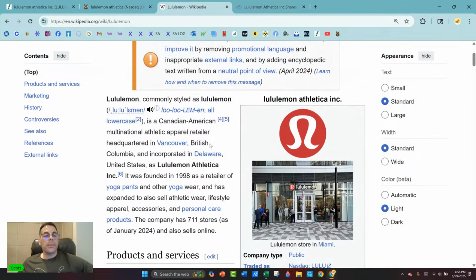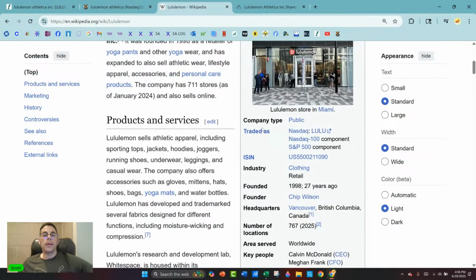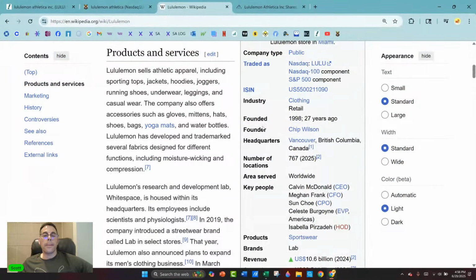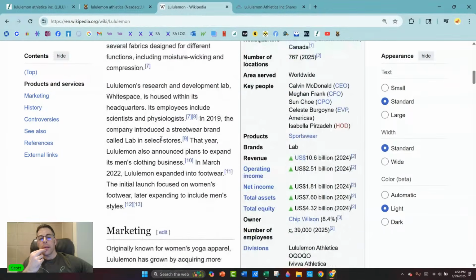Lululemon is the Canadian American multinational, 711 stores. Only 27 years old. I thought they would be a lot older than that. Lululemon's research and development lab, White Space, is housed within its headquarters.